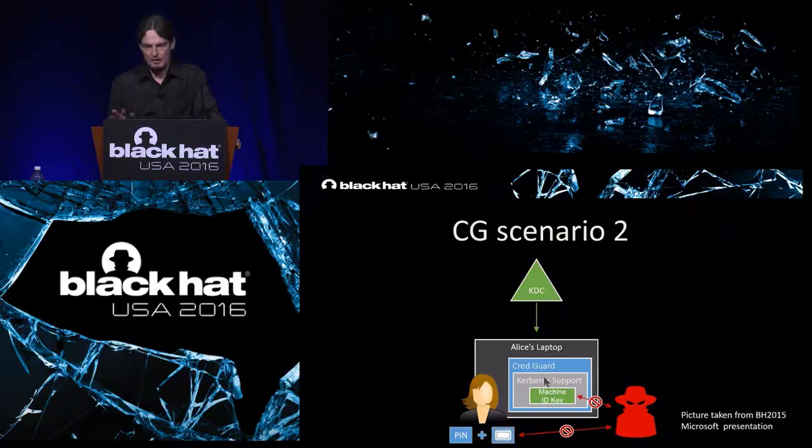So because of that, even during the logon, the plain text authenticators never show up in the clear in the root partition. Root partition can see them encrypted with the machine key, and it's only Credential Guard that can actually have access to them. So that's nice. That resolves this problem about credentials during logon.